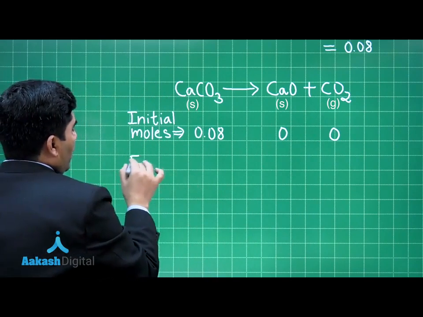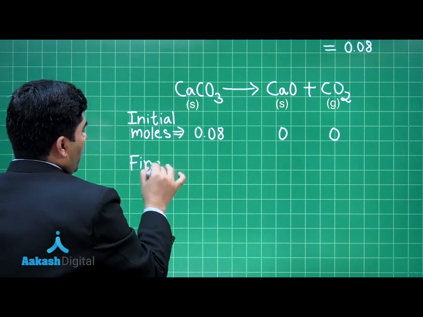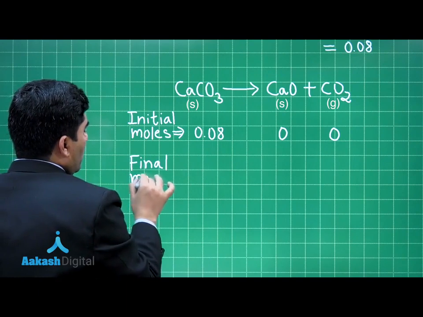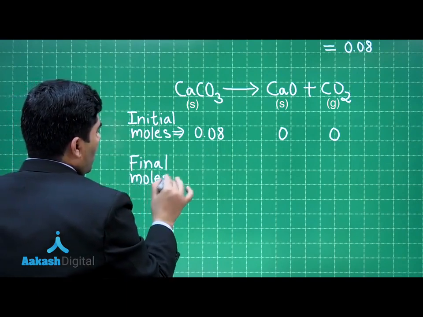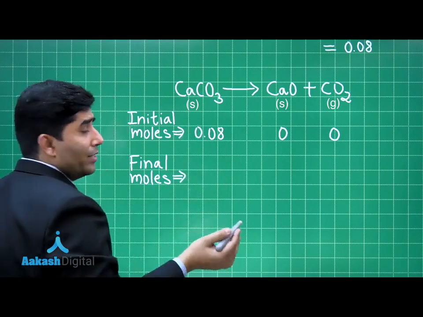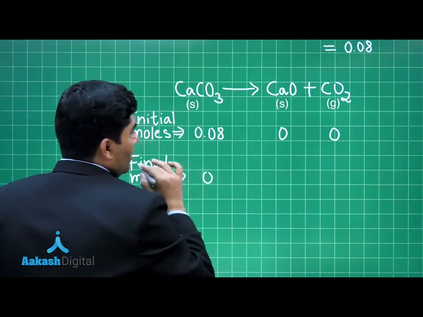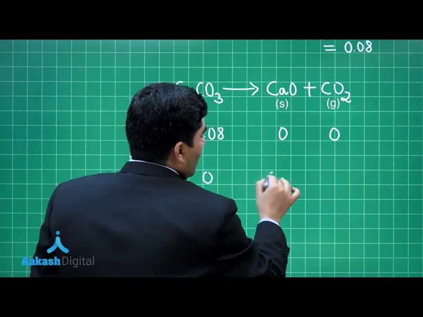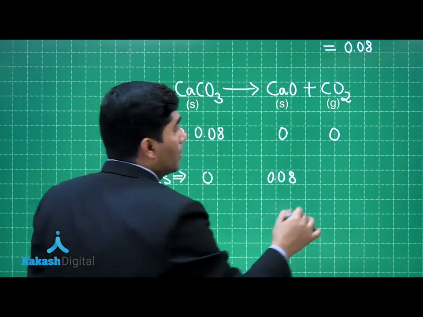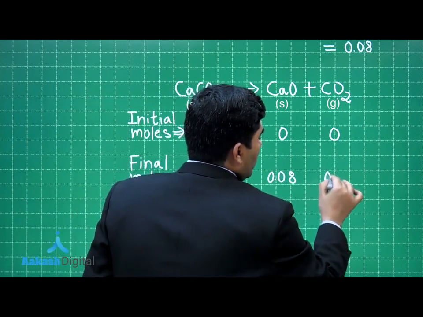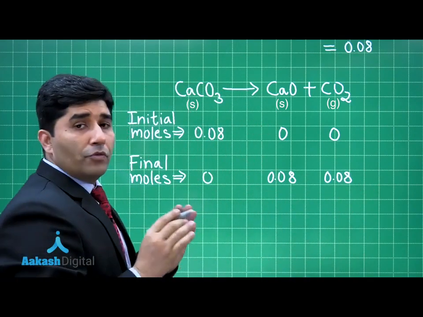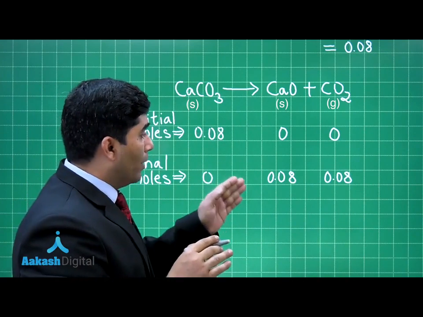Then final number of moles, that will be equal to, since CaCO3 is decomposed, it is 0, and calcium oxide will form, it is 0.08 and it is also 0.08. So CO2 which is forming, the number of moles of CO2 is 0.08.